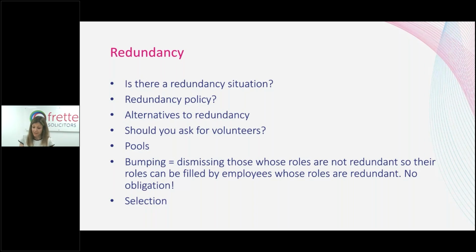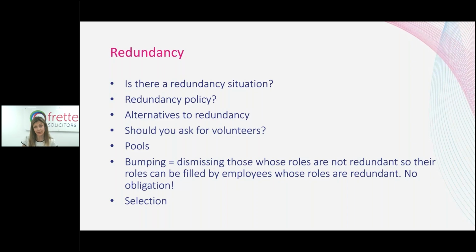We have to be able to demonstrate that we've scored employees against the criteria, these more subjective criteria. So we have to think, how are we going to do that? What factors are we going to look at? What are we going to base this on? It's helpful to have two people carry out the scoring process independently as well, and then take an average of their scores for each employee, because again, that seeks to help introduce more objectivity and impartiality.